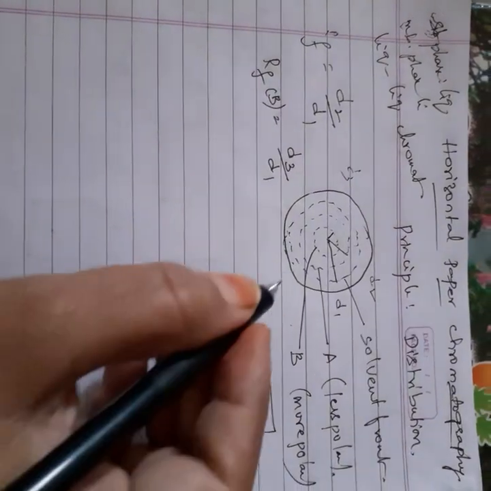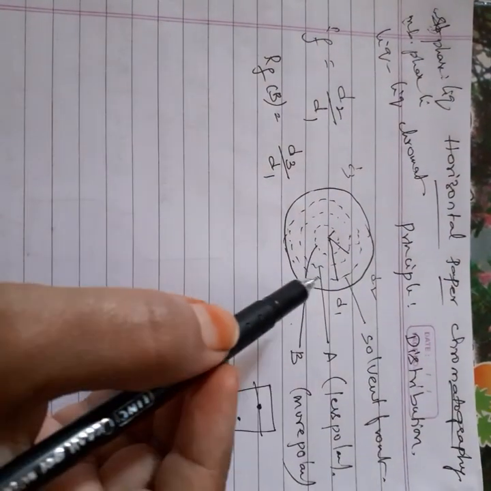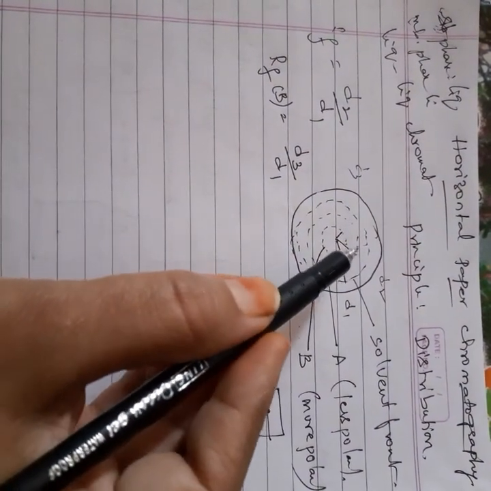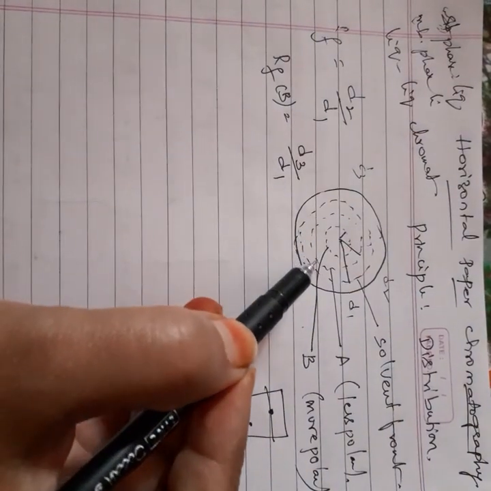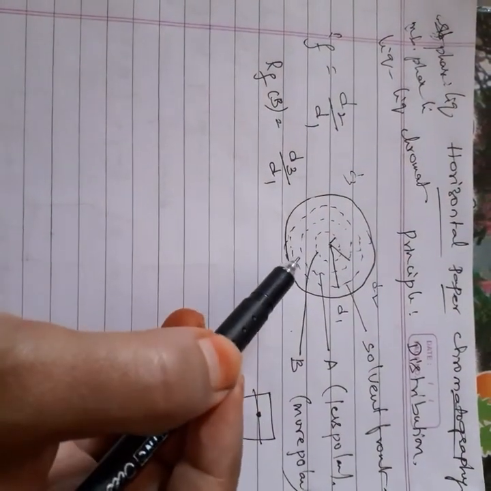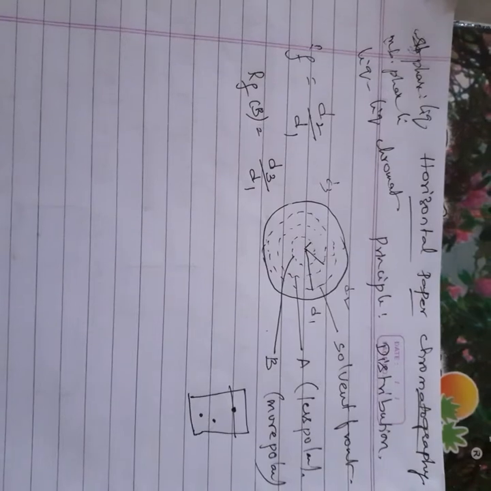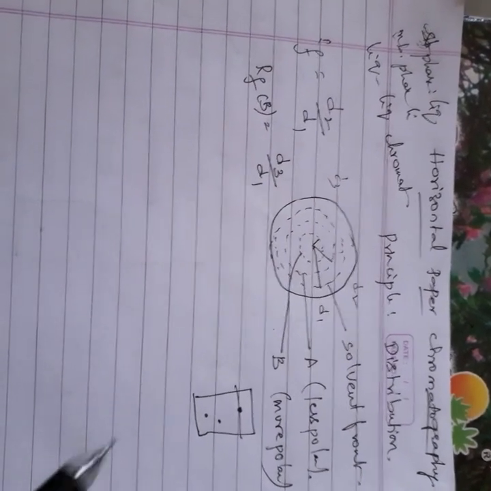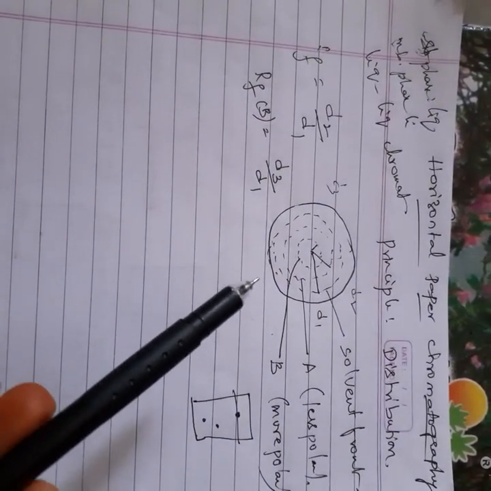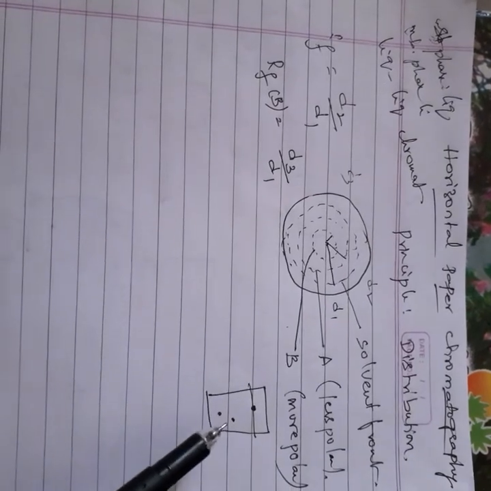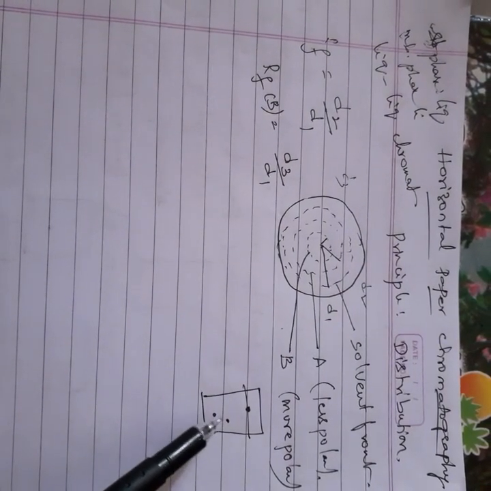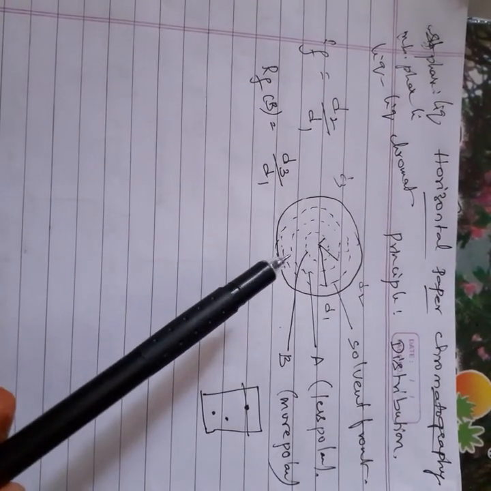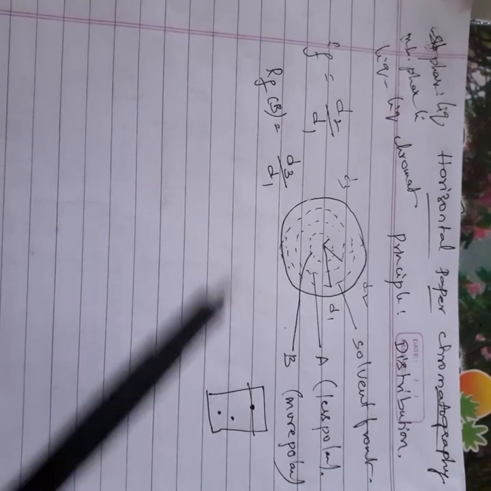But in horizontal paper chromatography, the resolution is very good because such a big circle is there for us to calculate. If you take very concentrated solutions, then the resolutions are very close to each other. In such conditions, horizontal paper chromatography is highly useful.